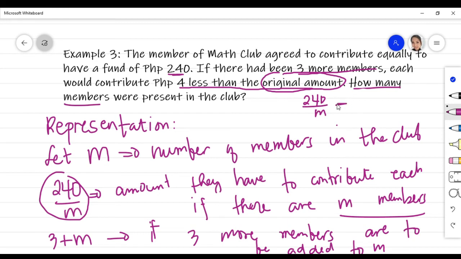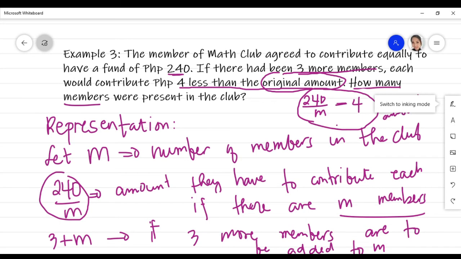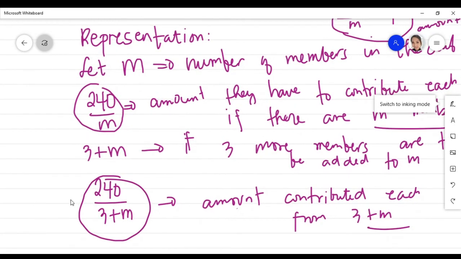Less than is minus 4. So this is equivalent to the new amount to be contributed, which is 240 over 3 plus m.